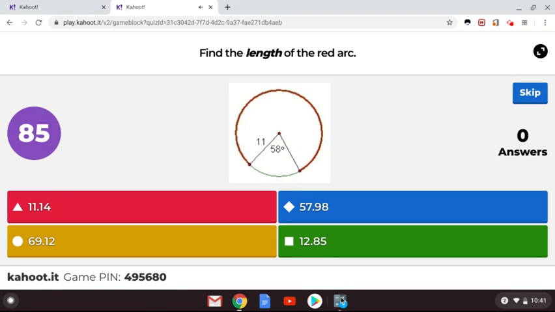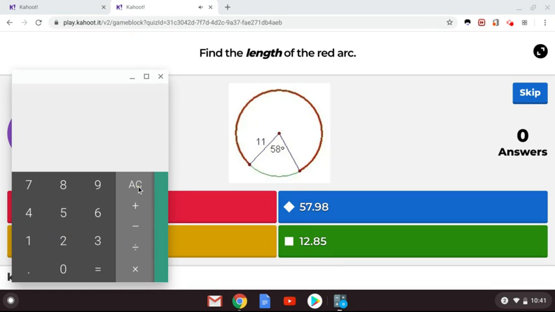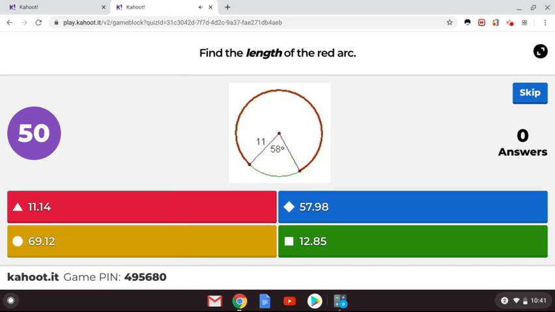It'd be 58 over 360, and then that times 2 pi r, so times 2 times 3.14 times my radius, 11.12, which is my triangle.